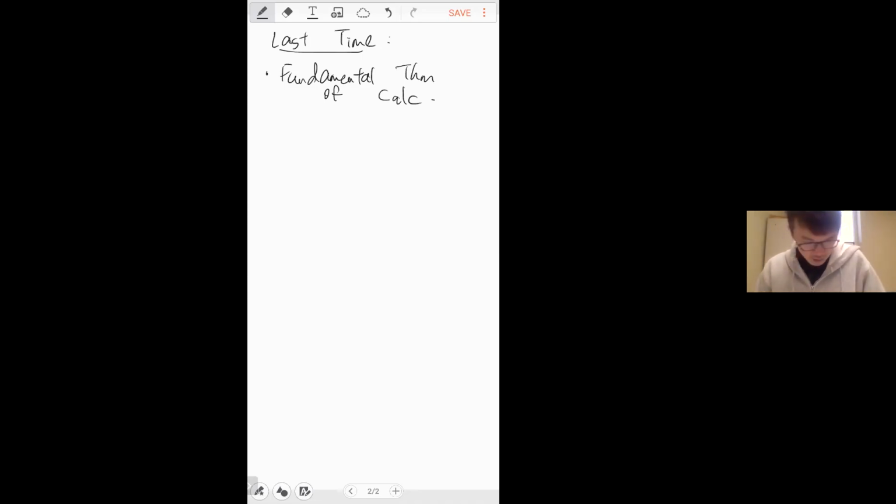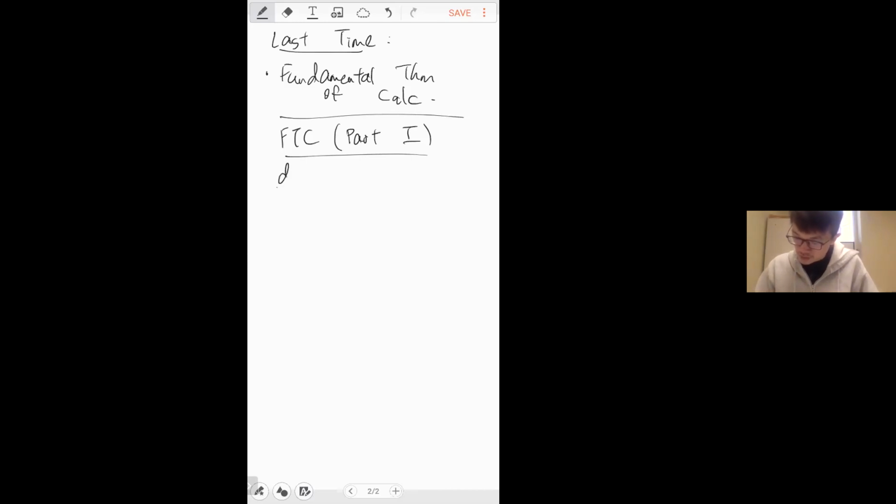So here's part 1 of the statement of the theorem. I don't want to write the assumption, but the assumption is the function has to be continuous, has to be nice.